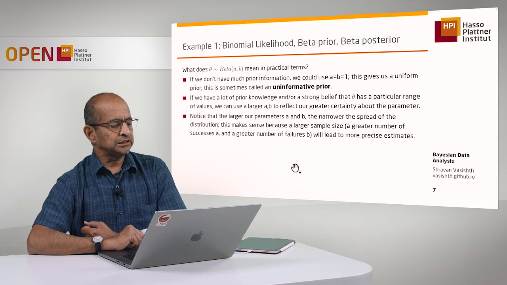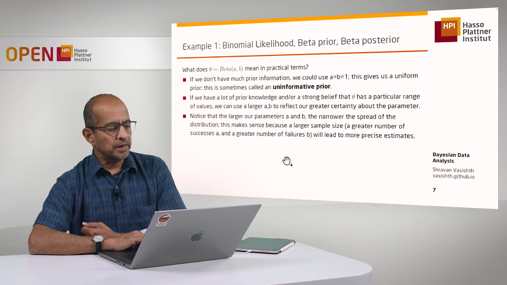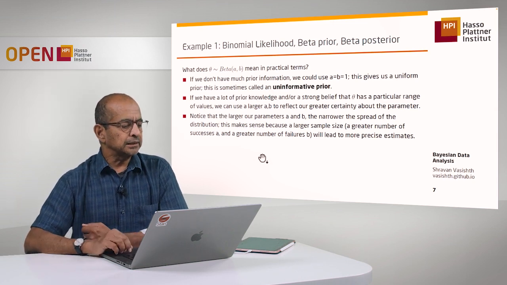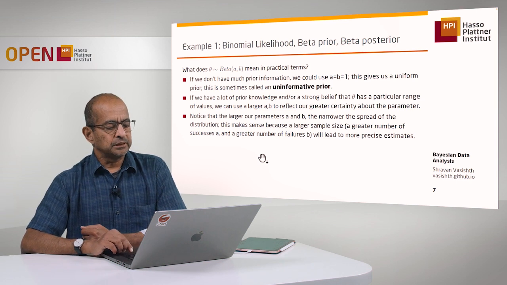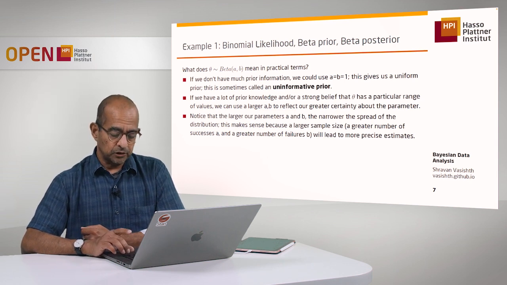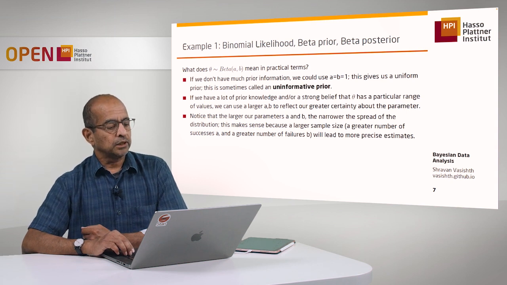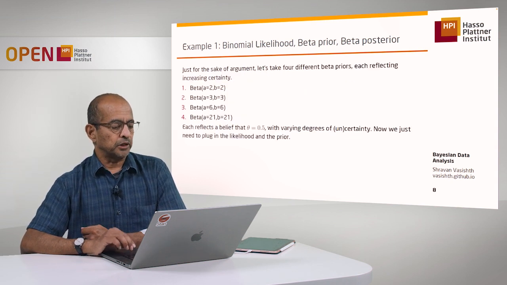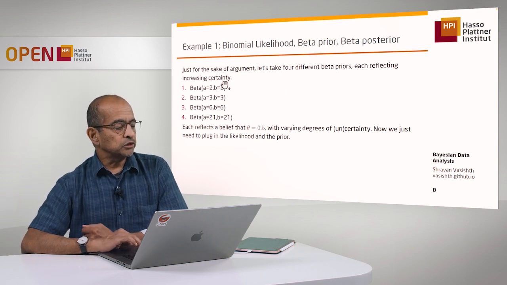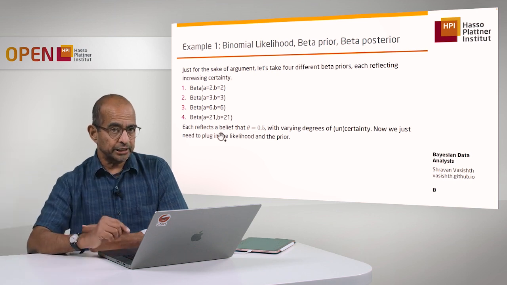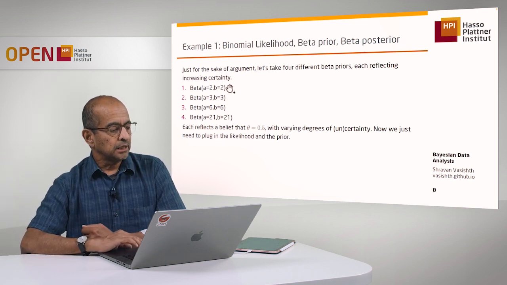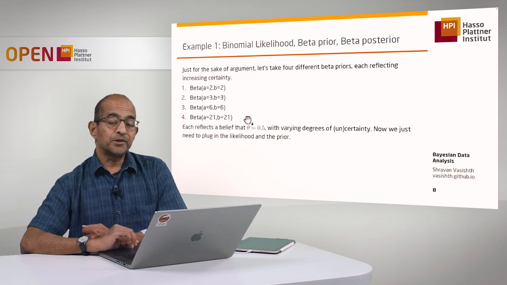We just choose some reasonable priors for the parameters a and b for the prior theta, and then we will get an idea of what the procedure is for calculating the posterior given the data and given a prior, okay? So what I'm going to do now, just for fun, is calculate the posterior distribution of theta using that equation 2 that I showed you earlier. I'm going to compute the posterior distribution of theta given 4 different priors.